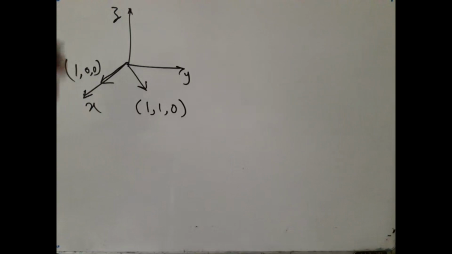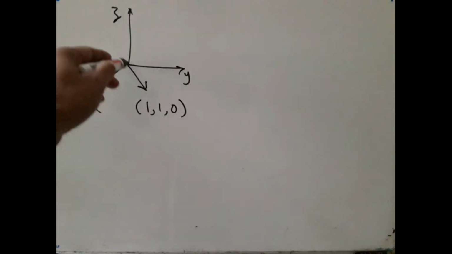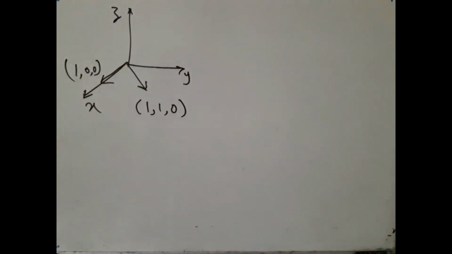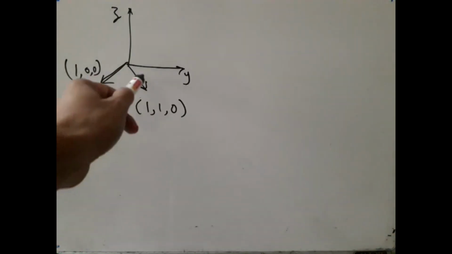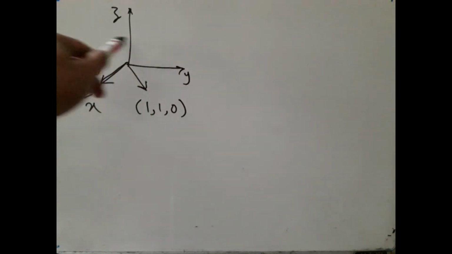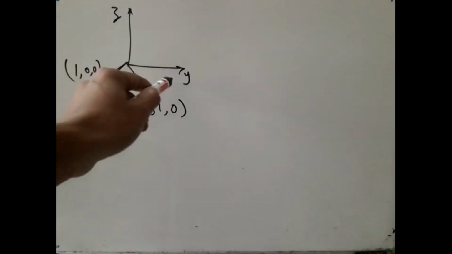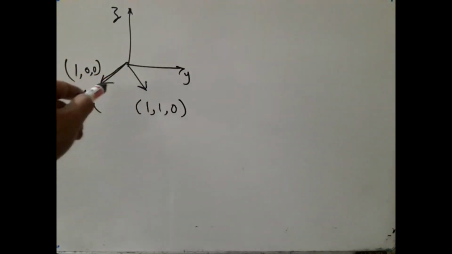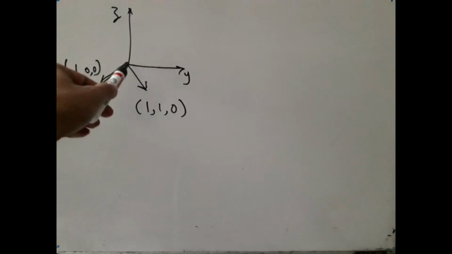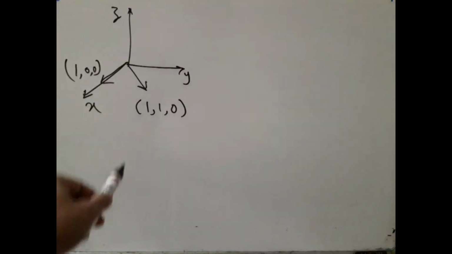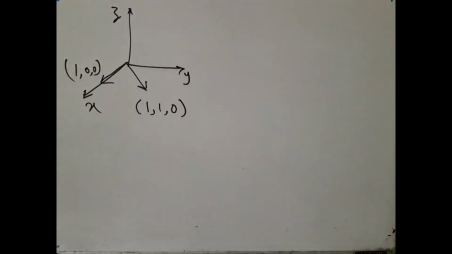So I have to take all vectors that are perpendicular to both of these. As a result, it must be perpendicular to any vector in the xy plane, because any vector in the xy plane is a linear combination of these two. In other words, my A perp must consist of only the z-axis, all vectors along the z-axis, which is definitely a subspace.